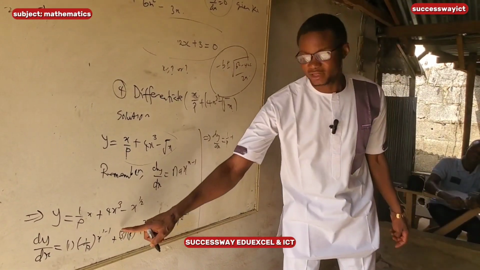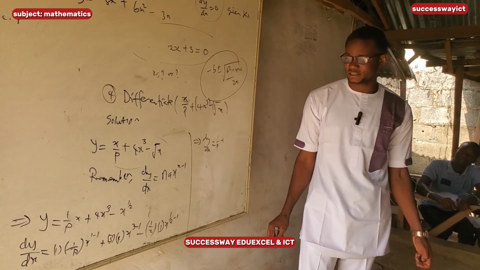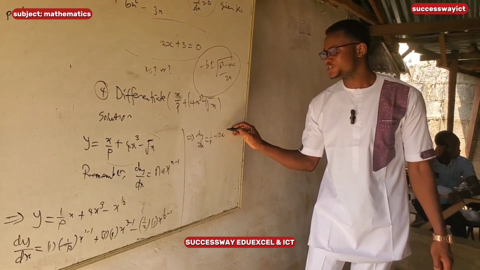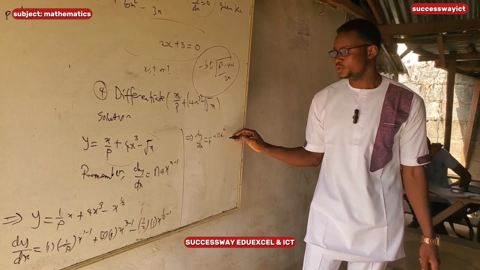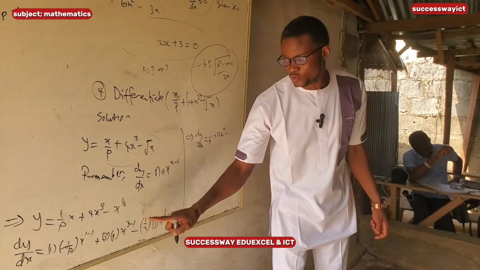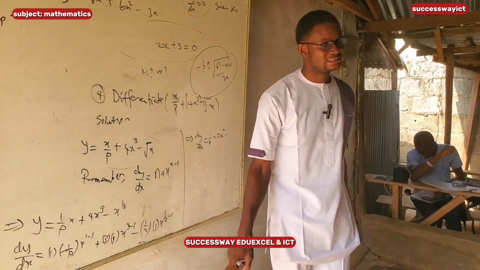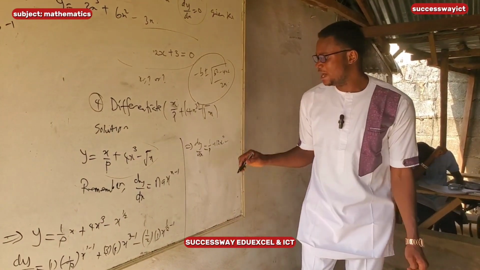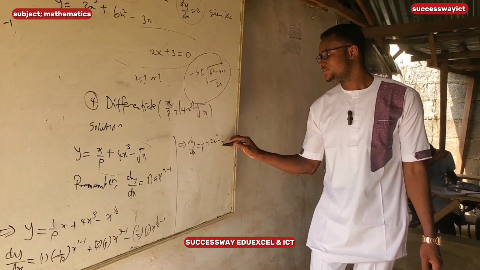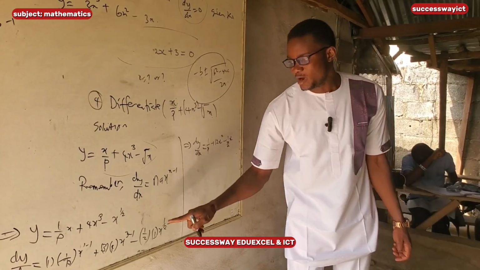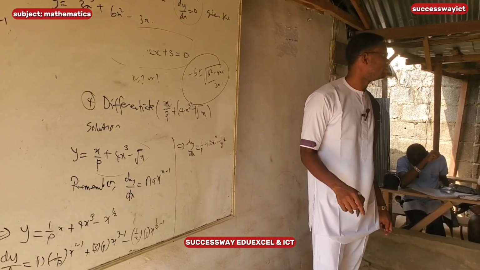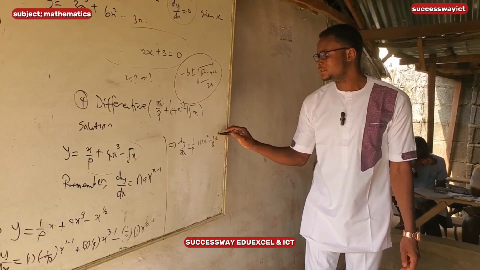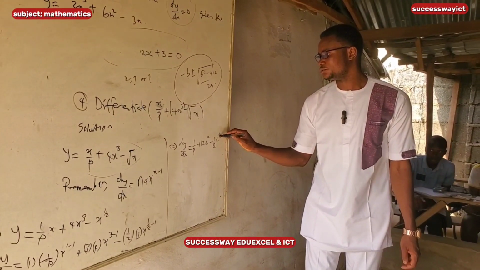Plus 3 times 4 is 12 times x raised to the power of 2. Minus 1 over 2 times 1, so you have 1 over 2 x to the power 1 over 2 minus 1, which is x raised to the power of minus 1 all over 2.